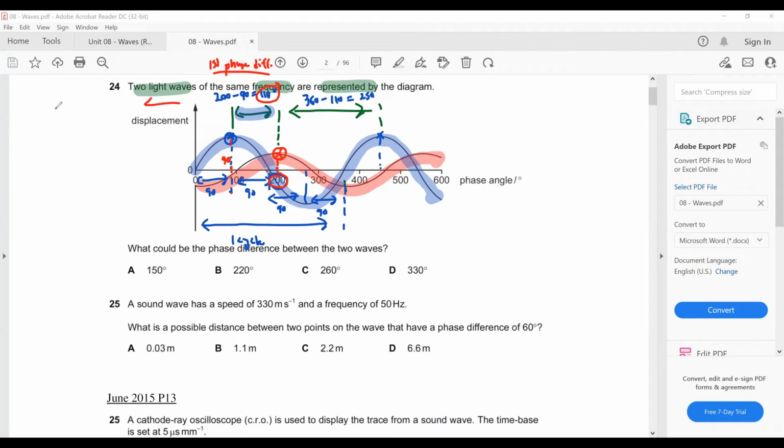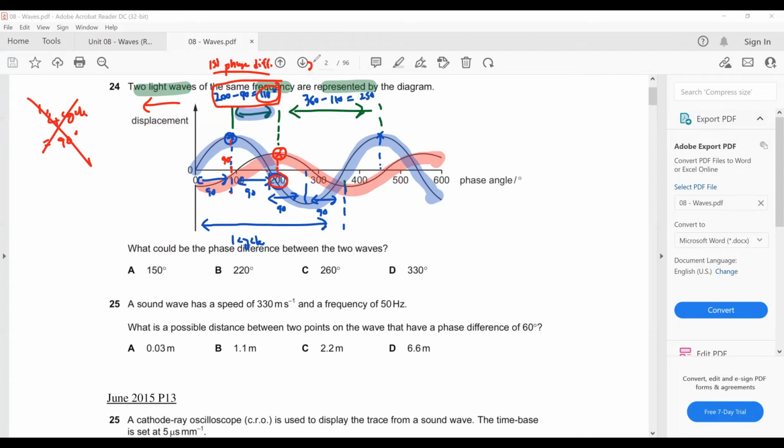The previous one I mentioned was a quarter of a cycle, giving you 90 degrees, right? That is wrong, because this part here is not exactly here. It is at 200 degrees. It's slightly more. So just change it to this.